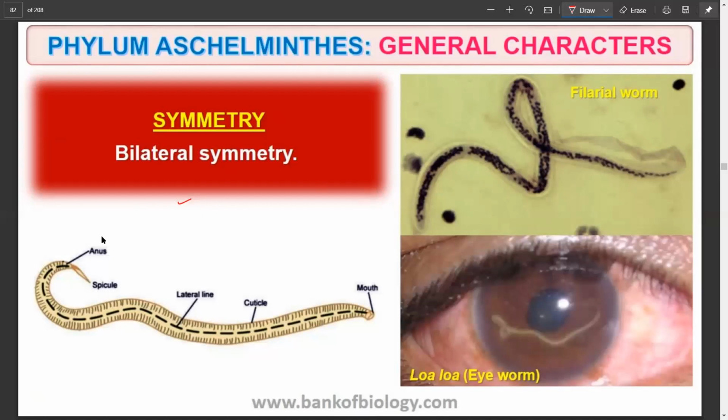As you can see, a few features you can identify from this picture itself: there are separate openings for the mouth and the anus, and that is why we can call it a complete digestive system. You can see some other examples here, the filarial worm, and also a particular worm that is seen in the eye.